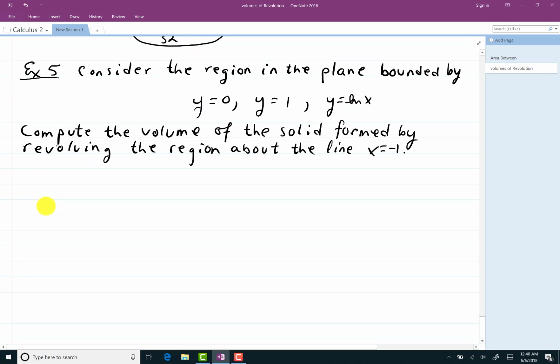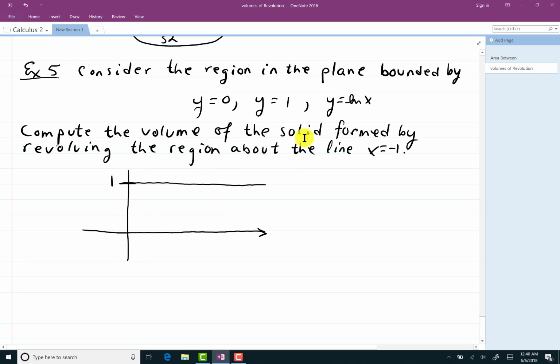Well, let's get a picture of this. I am between y equals 0 and y equals 1. I'll draw y equals 1 way up here. So I'm between here and here.